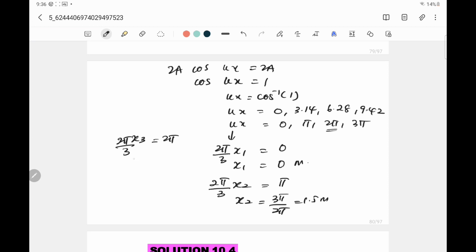So x3 equal to 3 meters. So this is the position of the antinodes: x1 is 0 meters, x2 is 1.5, and x3 is 3 meters.